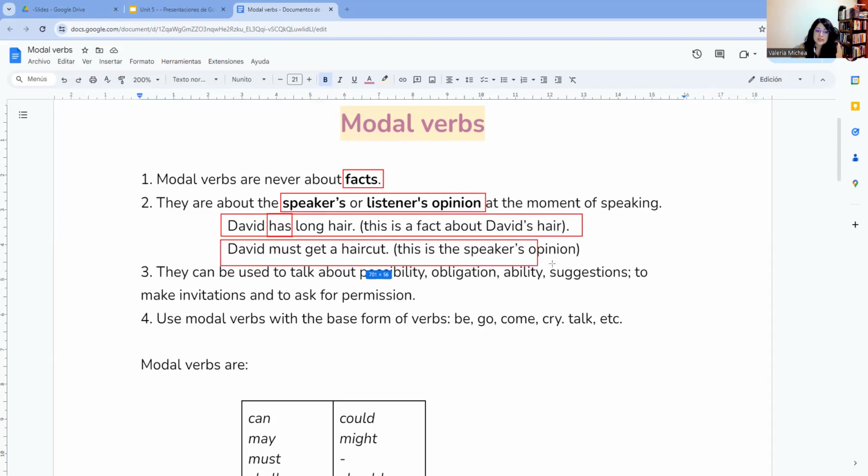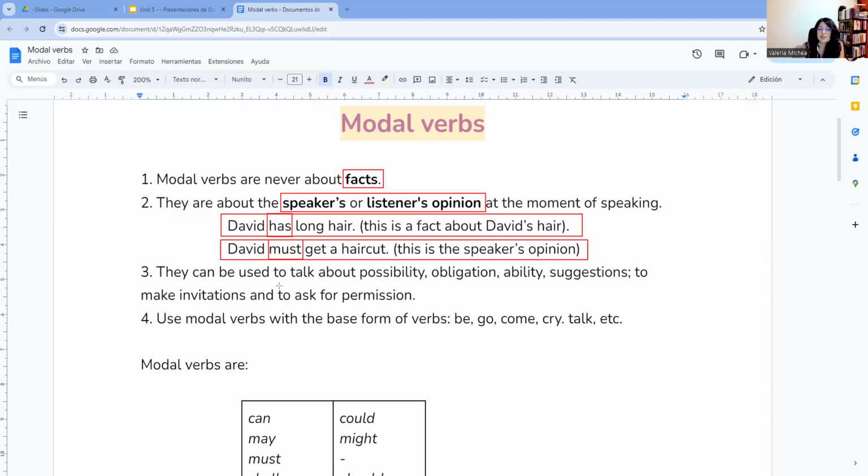Whereas if I say something like David must get a haircut, I'm using a modal verb, must. It's kind of strong. I think it's his obligation, but it's the speaker's opinion, okay? Not because I say that David must get a haircut, he is going to do it. It's not necessary.